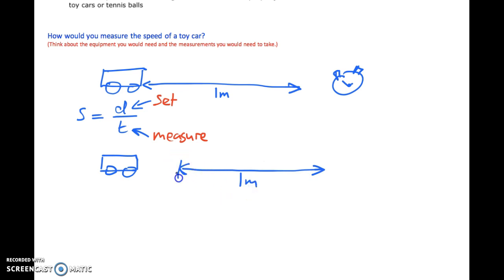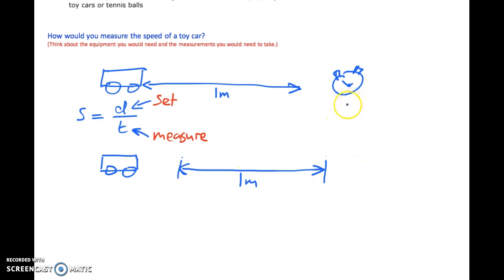So this is where the car passes the start position, and when the car passes the end position. Basically this bit of the journey is where the car is accelerating and then reaches a constant speed. So between the start here and here, we are actually measuring a constant speed.